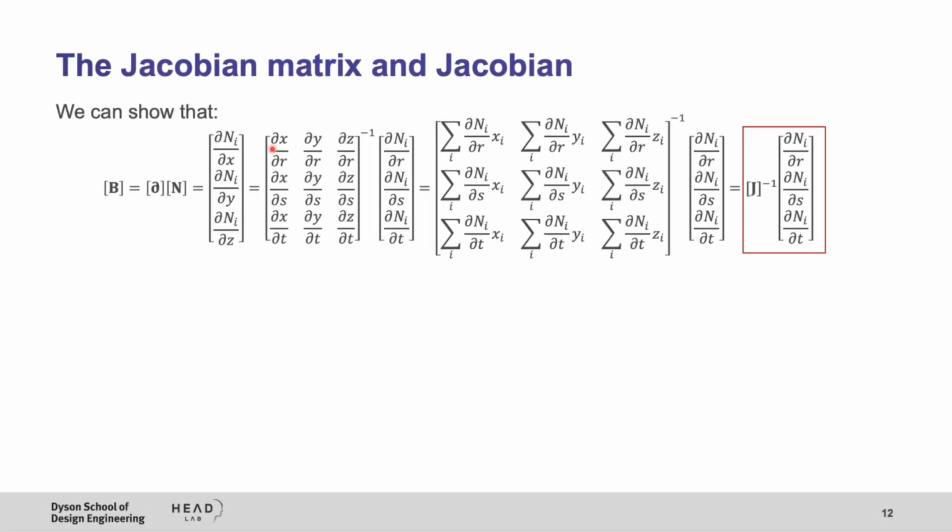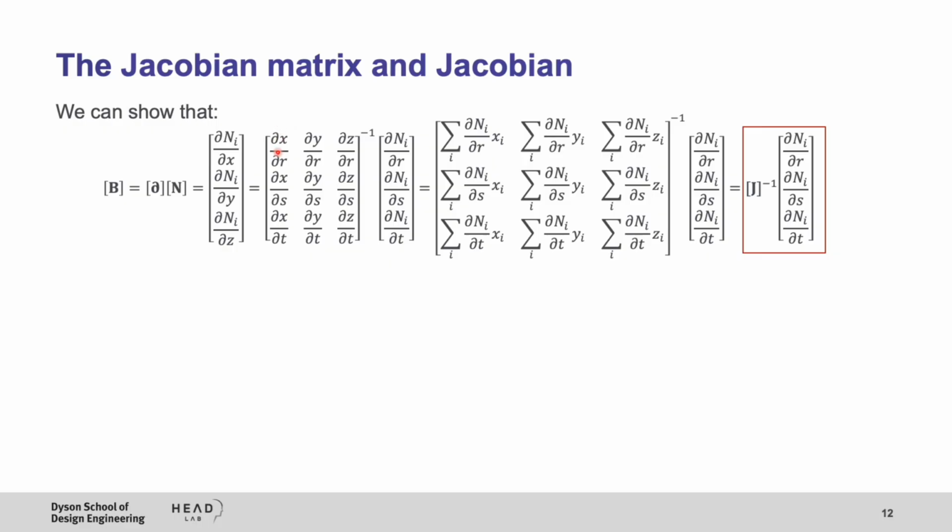So here you can see that I'm using the chain rule here just to replace the derivative of the shape functions with this equation. And here I have the inverse of a matrix, which is a derivative of the positions in the Cartesian coordinate system with respect to the axis in the natural coordinate system.